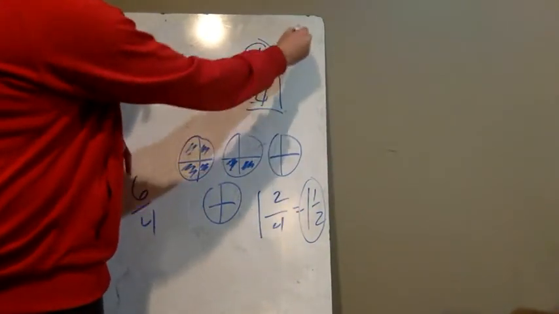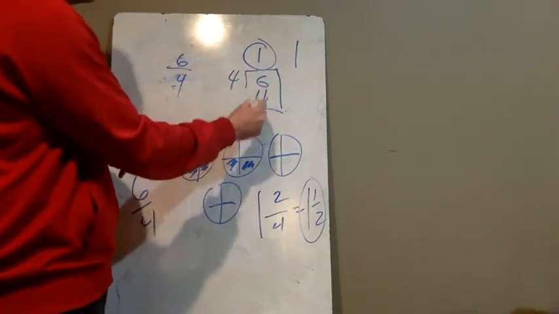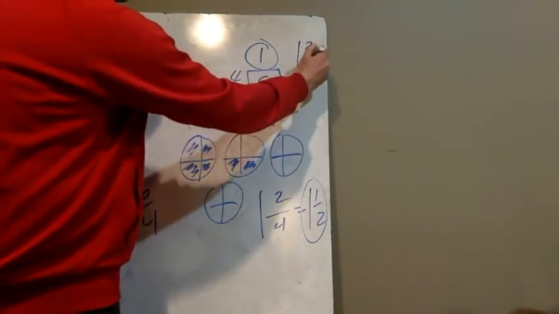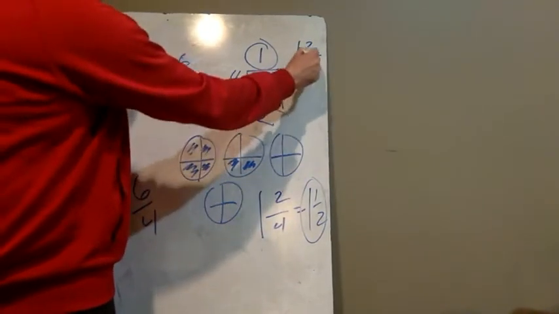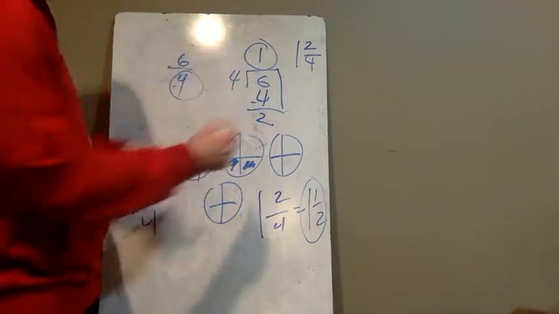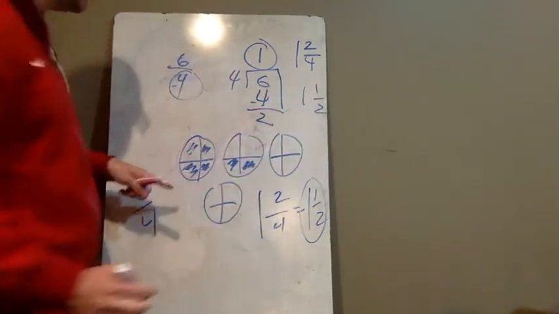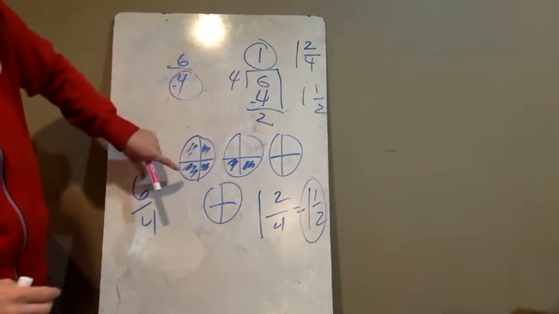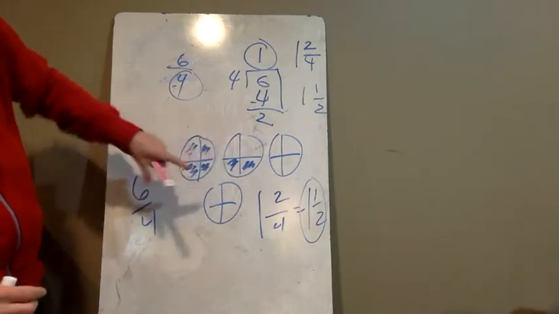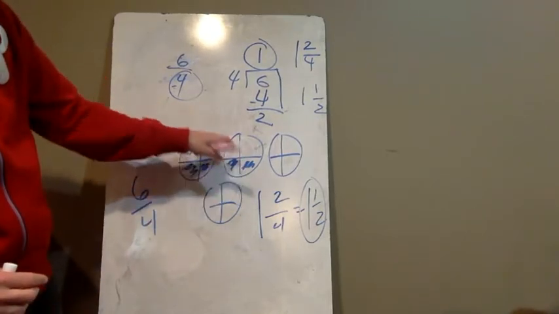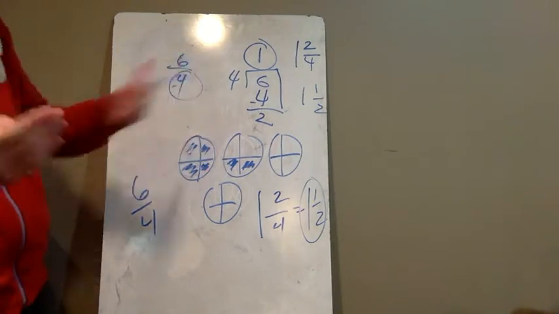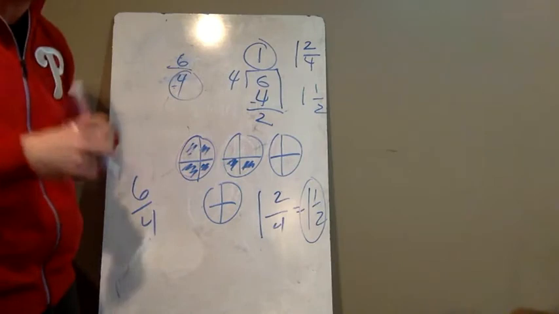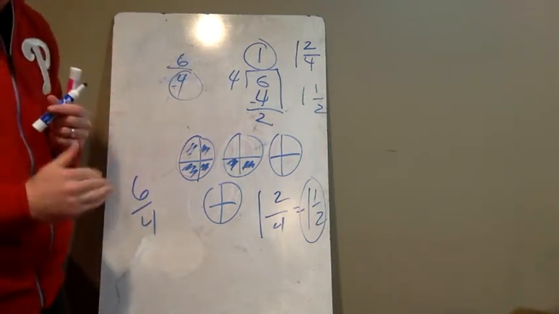That's going to be my whole number. 1 times 4 is 4. What's left over? Fractions are all about what's left over. 2 is left over. Whatever's left over, that's your numerator, and your denominator 4 stays the same. 1 and 2/4, which is the same as 1 1/2. That's another way to make 6/4 into 1 1/2 as a mixed number, through division.